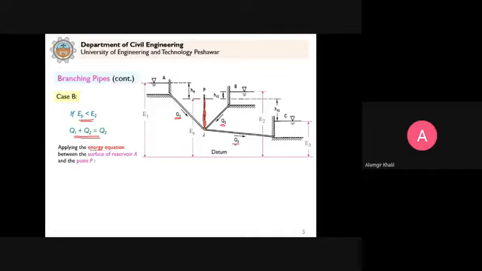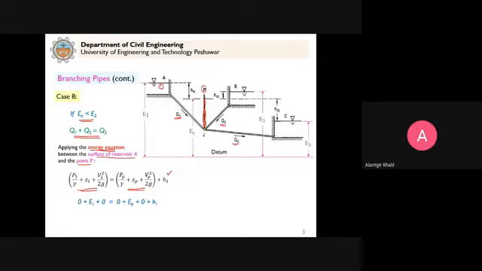Now applying the energy equation between the surface of reservoir A and point P, we consider point 1 and also this point P here. Again, if we apply the energy equation, then we will have P1 by gamma plus Z1 plus V1 square by 2G is equal to PP by gamma plus ZP plus VP square by 2G plus H1.